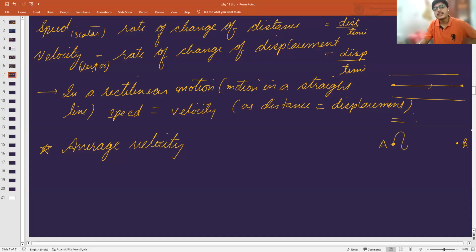We cannot find the tendency of the body, where it will be moving, how much curve it will be taking, how much distance it will be traveling. But if we know the initial velocity, the final velocity, and the time, we can calculate many things if it is displacement, because that is in a straight line.